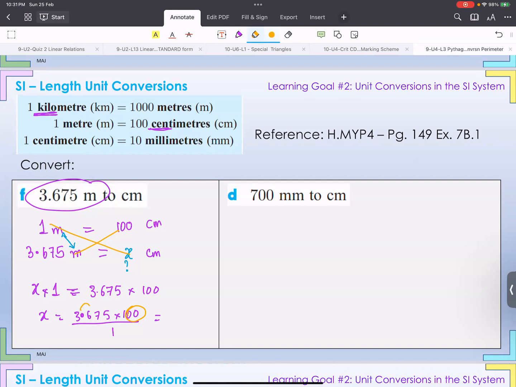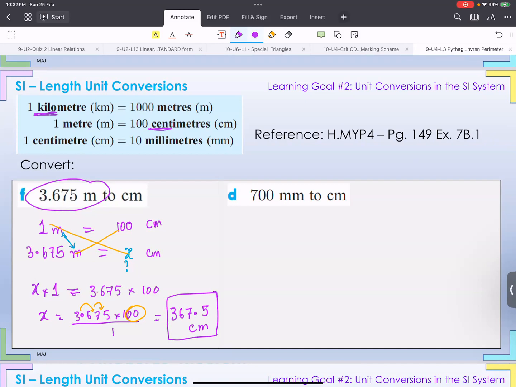Once and twice, right? So that is 367.5 centimeters. That is the value of X, or 3.675 meters is 367.5 centimeters.